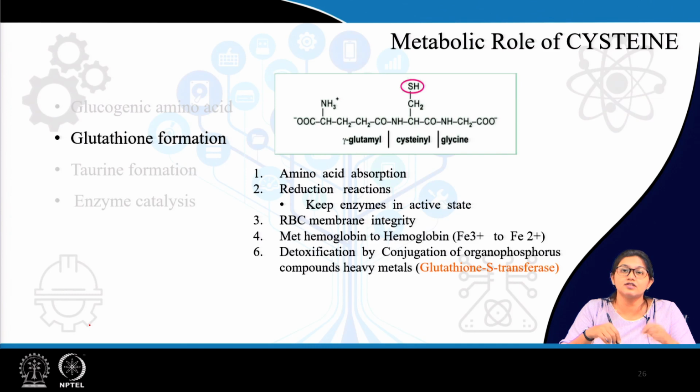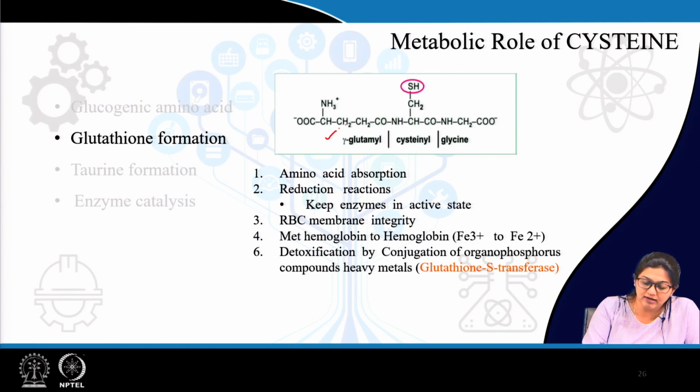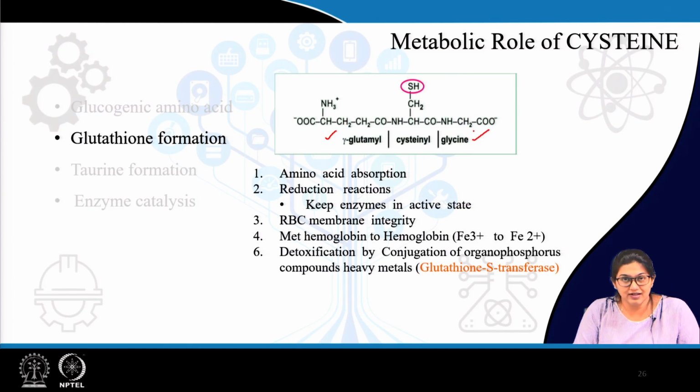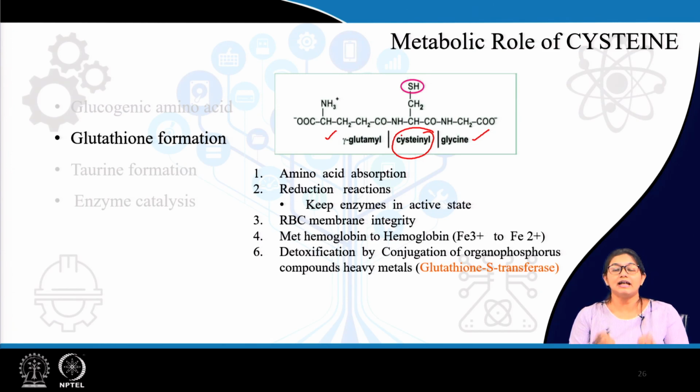This synthesis will be discussed in glycine metabolism, but remember, I already have told you, again I am reminding that the 3 amino acids are glutamic acid, then glycine, and our very own cysteine. Now, this glutathione is important with regard to multiple functions.